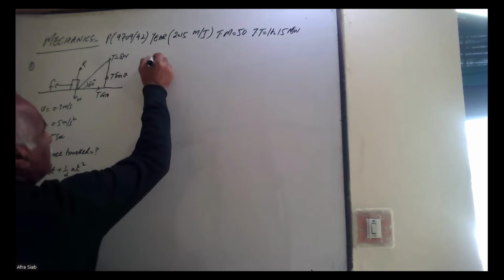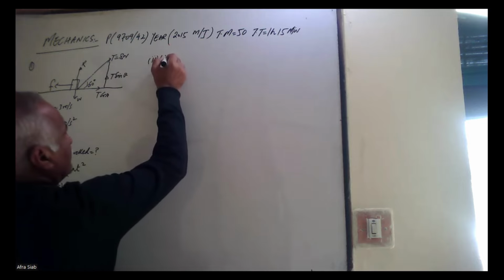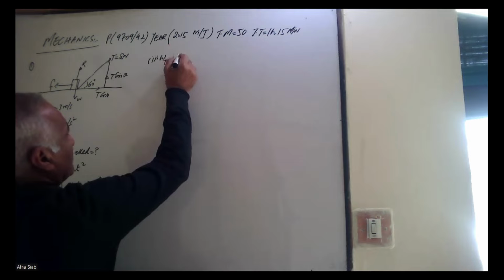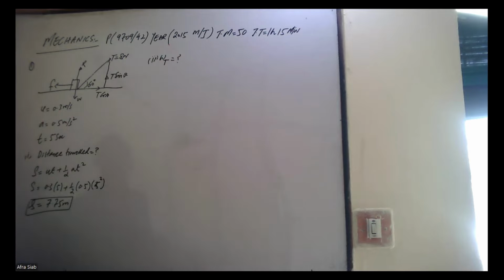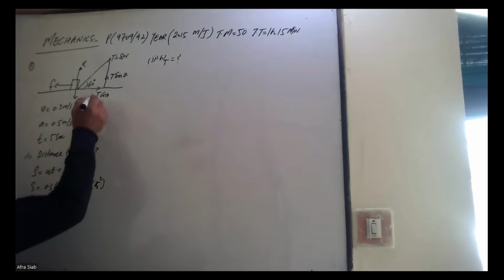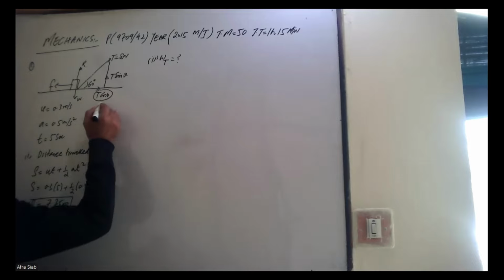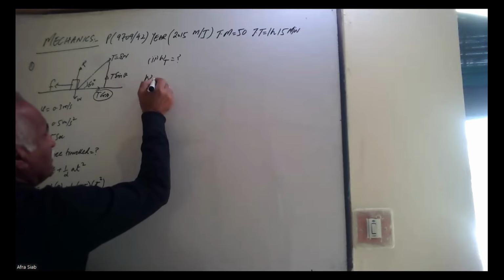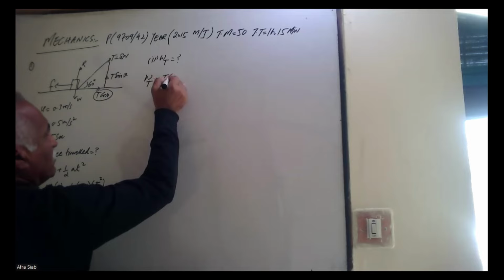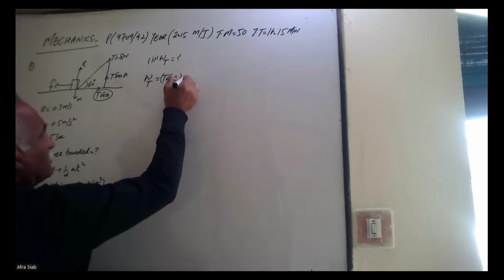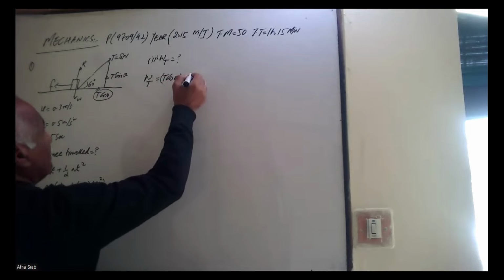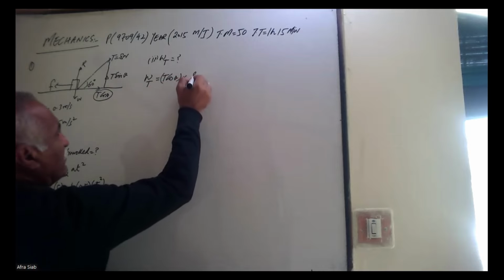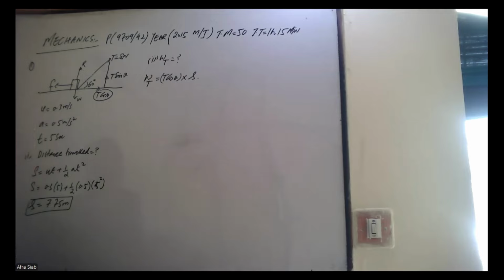The second part is the work done by the tension, which you are going to calculate. Since we know that only this force is going to act on that particle, which is the driving force, the work done due to the tension is basically equal to T cos theta, that is the force, into displacement, that is 7.75 meters.